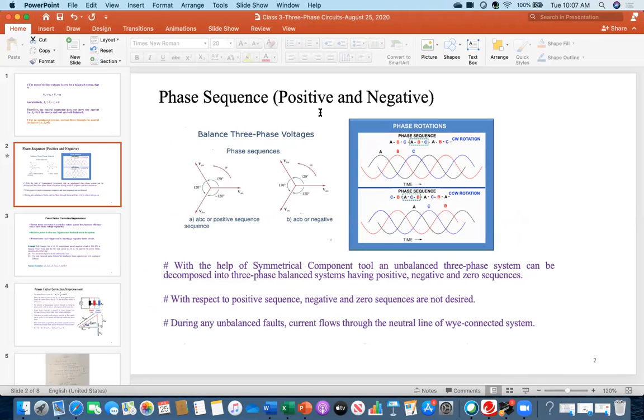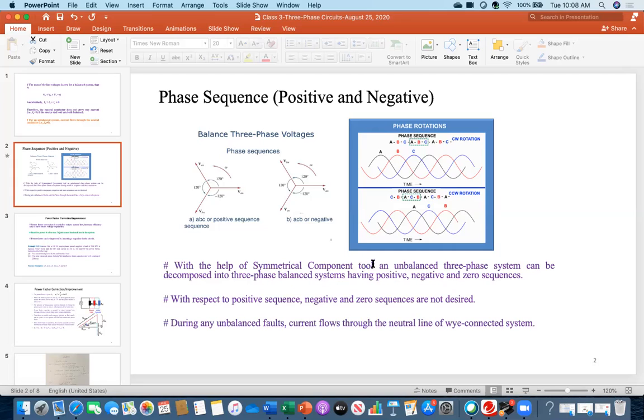So this phase sequence, positive or negative, is the case of a balanced system. Now, for example, there is an unbalanced system. So in case of an unbalanced three-phase system, how can you analyze the phase sequence? So I have written that there is a tool or methodology. It is called the symmetrical component tool.